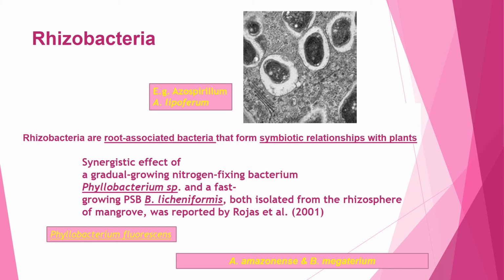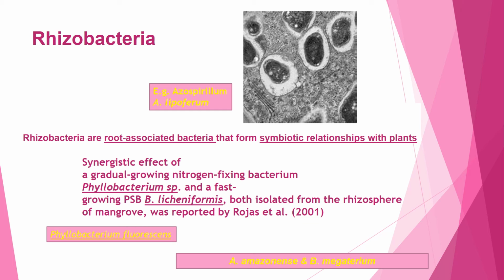So for example, we look into how the rhizobacteria look like. One of the common examples is azospirillum lipoferum. Azospirillum is the genus, and lipoferum is the species.